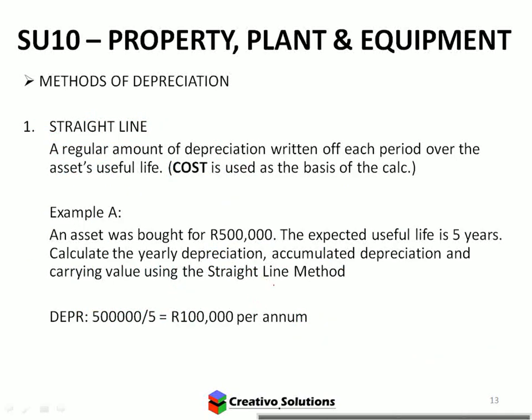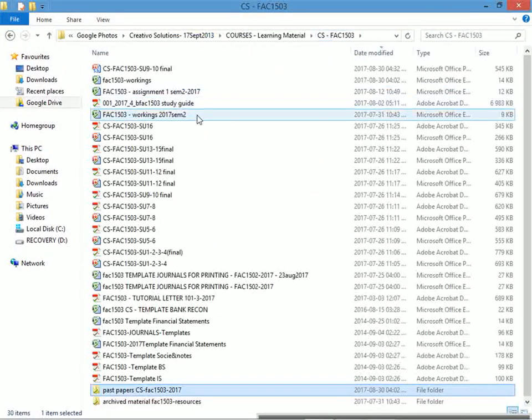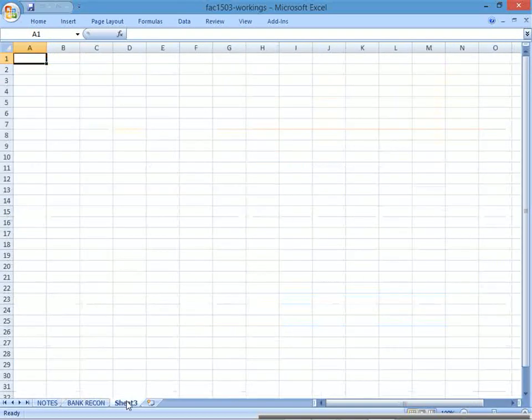Right, here's the first example. Example A. An asset was bought for 500,000. The expected useful life is 5 years. Calculate the yearly depreciation, cumulative depreciation, and carrying value using the straight line method. Here, I am going to create a separate working. Just go back to your workings. Okay, because I want to show you how to do this.